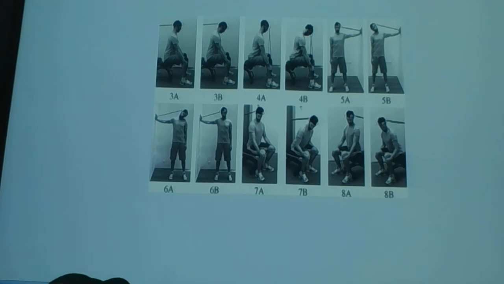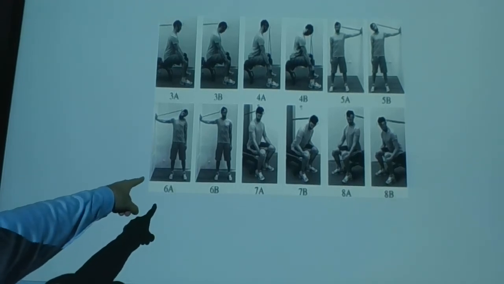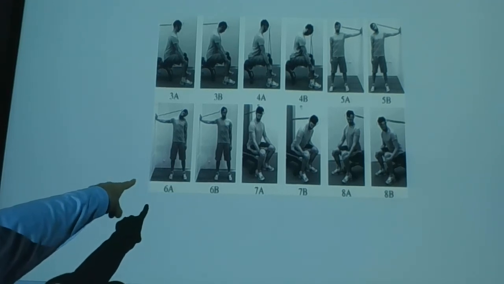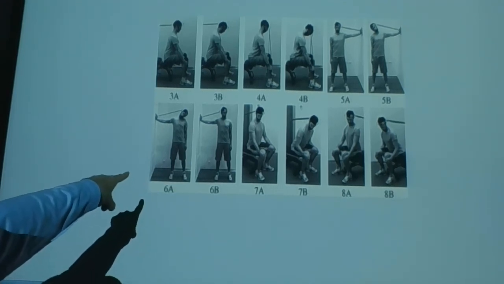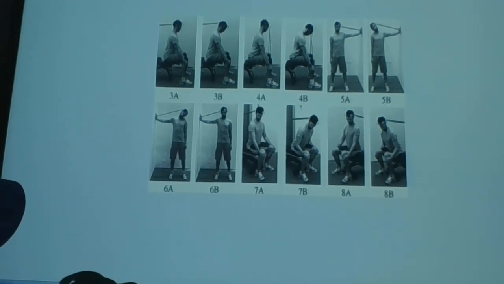So from A to B, eccentric work. From B to A, making him go left ear, left shoulder through concentric work. Who are the left lateral cervical benders? Left sternocleidomastoid, left erector spinae.